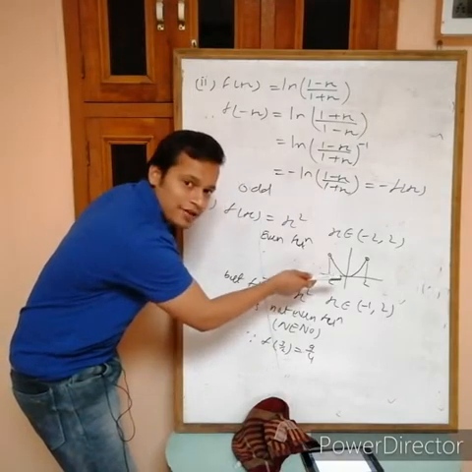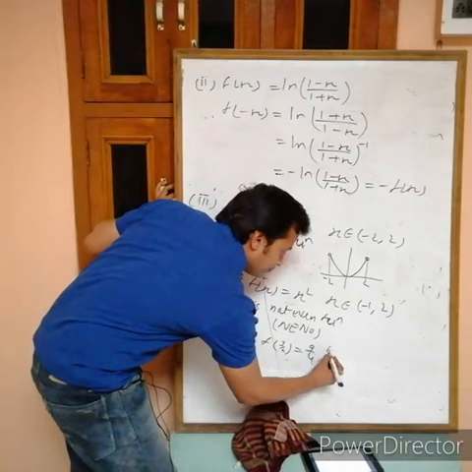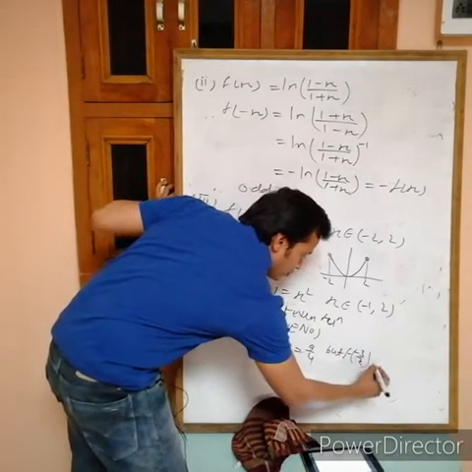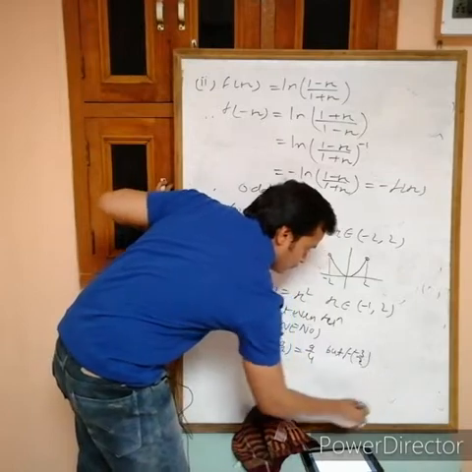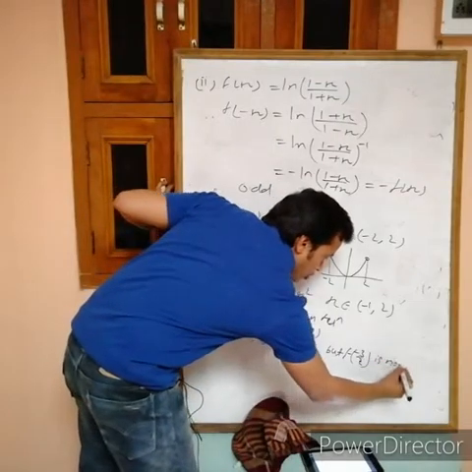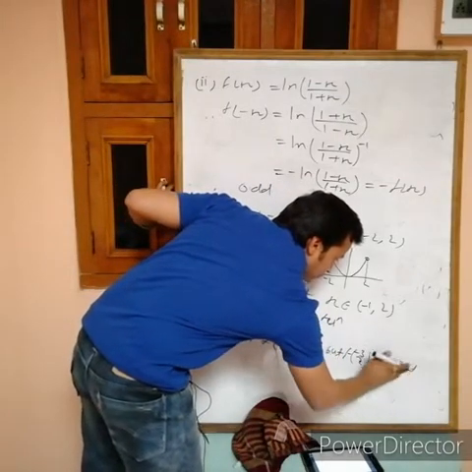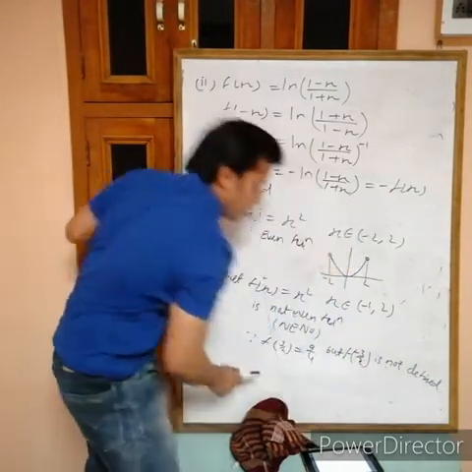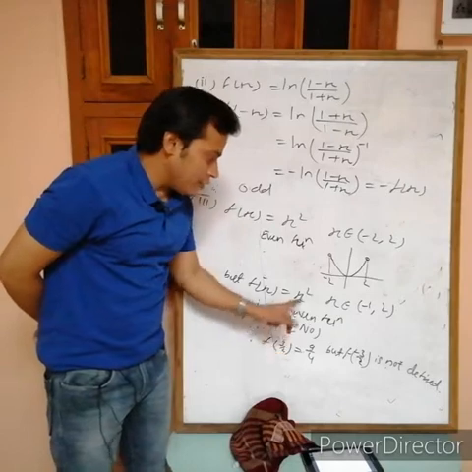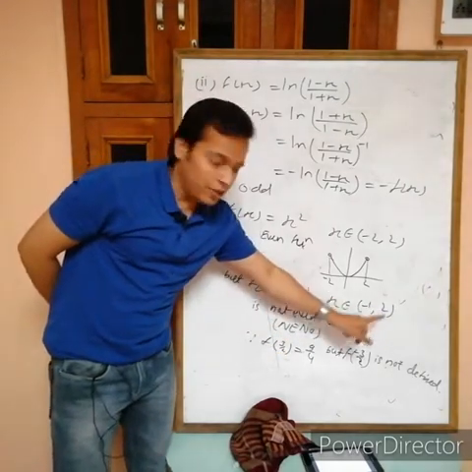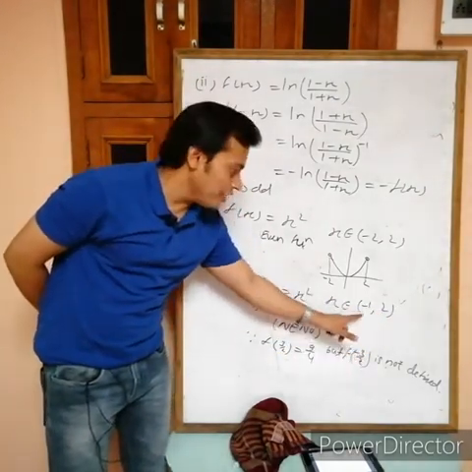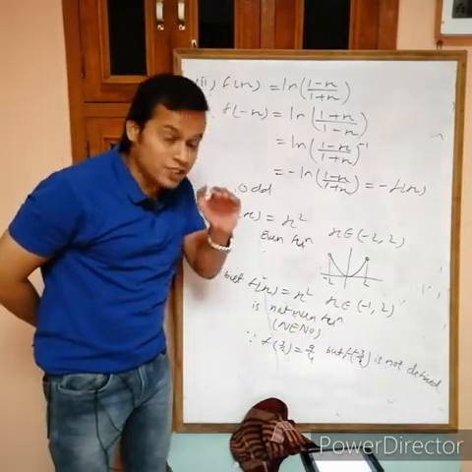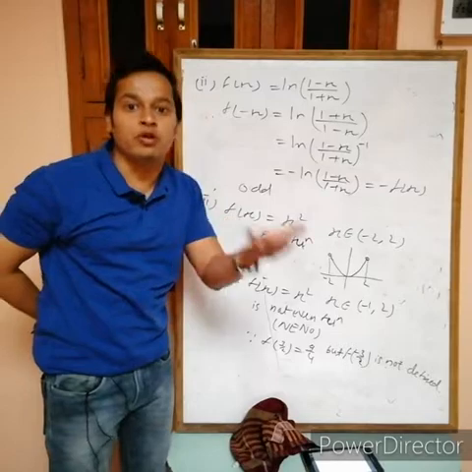Here you can't put minus 3 by 2 na, but f(minus 3 by 2) is not defined. Okay, at 3 by 2 you can find the value because 3 by 2 is in the domain, but minus 3 by 2, minus 1.5, is not in the domain. So this is not an even function because this must be true for all x belongs to the domain.